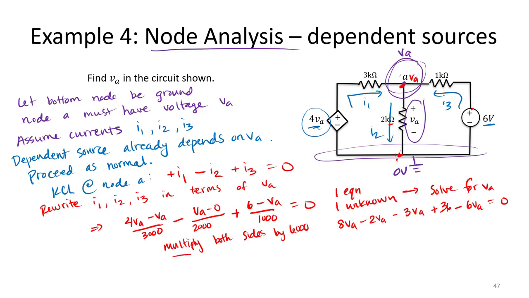So if we multiply both sides by 6000, the first two get doubled, so we end up with 8 minus 2. Then we have minus 3 VA. Then we have plus 36 minus 6 VA equals 0.